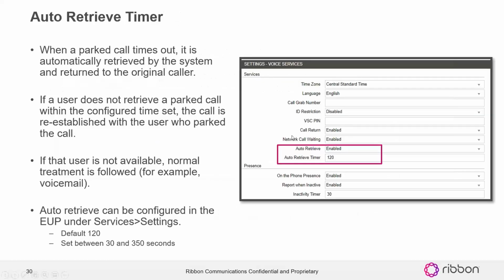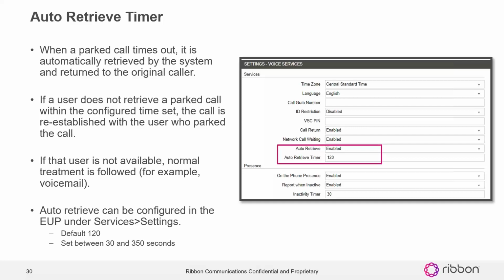Okay, the other thing is that when a call is parked, it will only be parked for a certain duration of time. If you don't go back to that call, it's going to ring back the user that parked that call. By default, that ring back timer is set to 120 seconds, but you can have it up to 350 seconds and as low as 30 seconds.